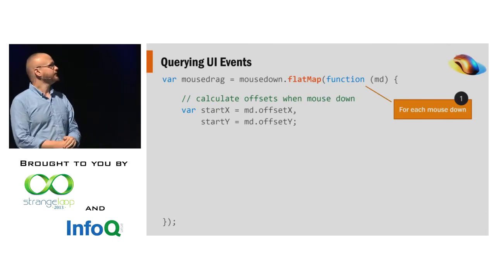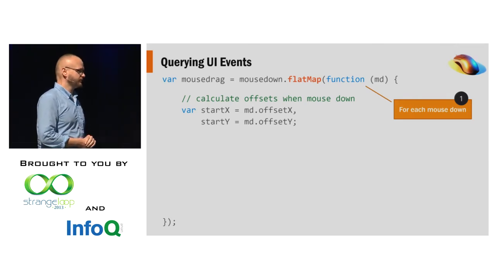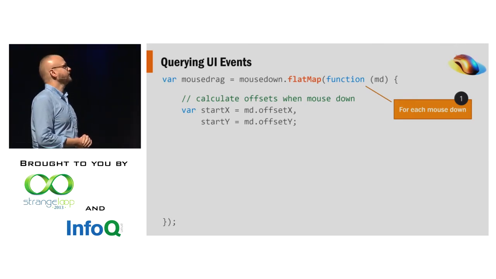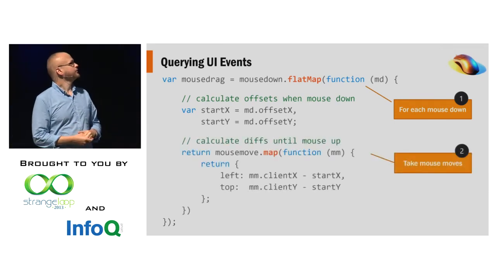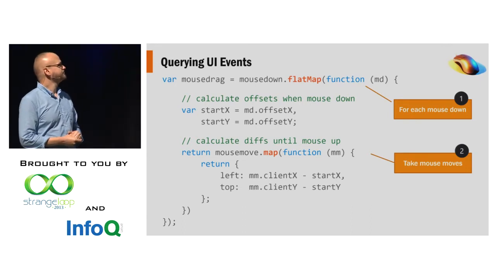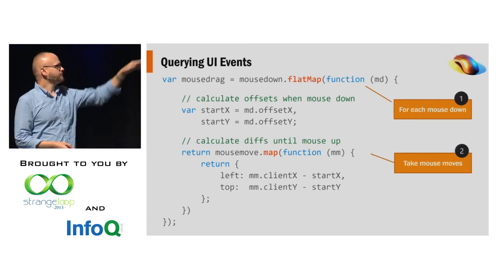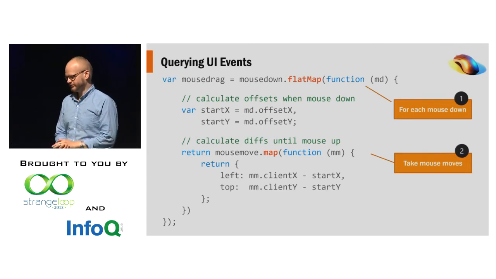And then what we're going to do here is start by calculating the start of our particular mouse down. Next, we're going to take the mouse movements, and we're going to then map them to calculate the difference between the start and the end position.